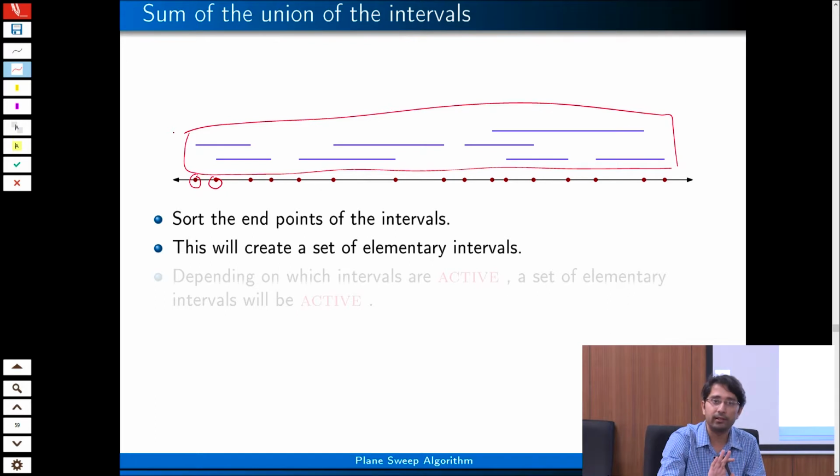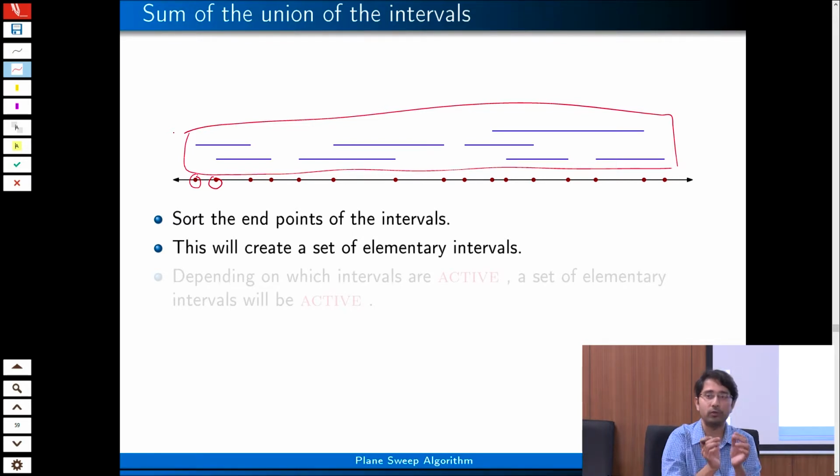Only concentrate on the endpoints. So, how many endpoints will I have? 2n.